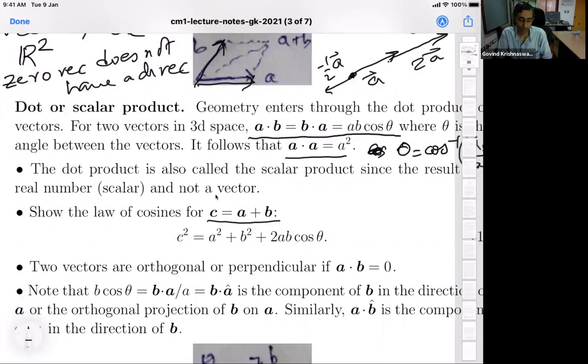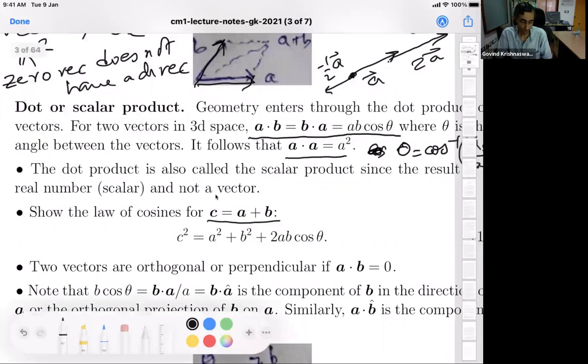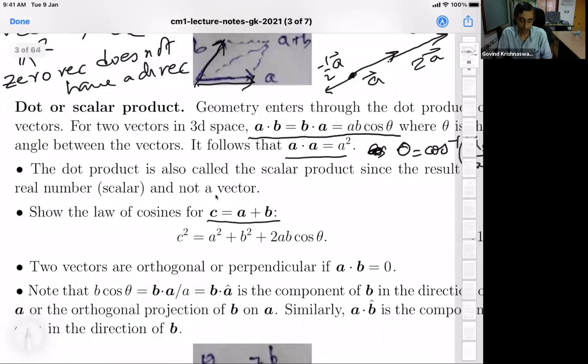If that term was absent, this would be basically a kind of Pythagoras theorem. But the correction depends on the angle between the two vectors. The correction term is absent when the angle is 90 degrees, in which case the cosine is 0. So I invite you to check this little formula.